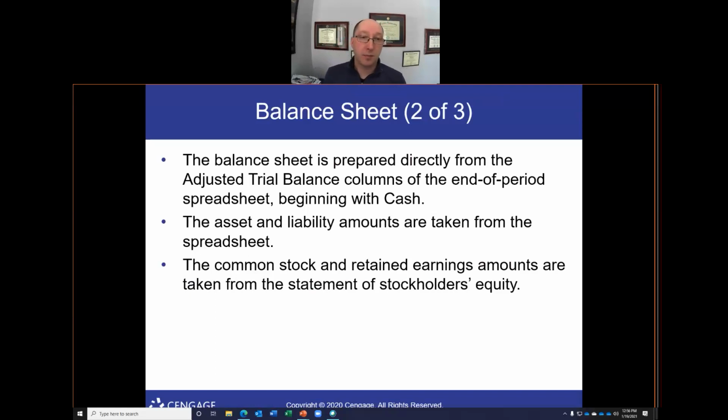Balance sheet is prepared directly from the adjusted trial balance that we learned about in the previous chapter. We begin with cash, assets, and liabilities, and the amount taken from the adjusted trial balance. The common stock and retained earnings are taken from the statement of stockholders' equity.